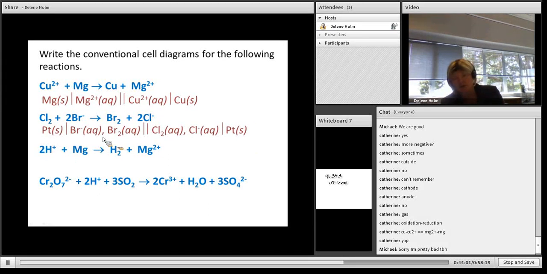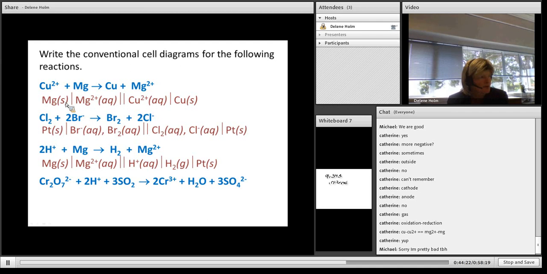But if you had put a straight line and made one gas and one aqueous, that's fine. And this one's pretty much the same. The hydrogen has got no solid, and that's why I've had to add the platinum. But otherwise this is exactly the same as what you had up there for the magnesium.